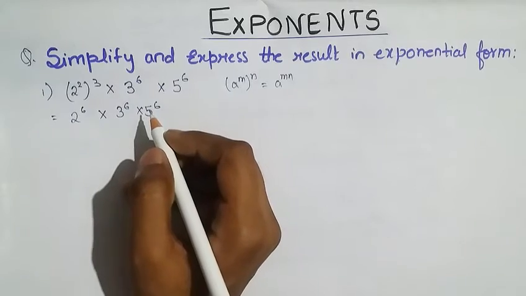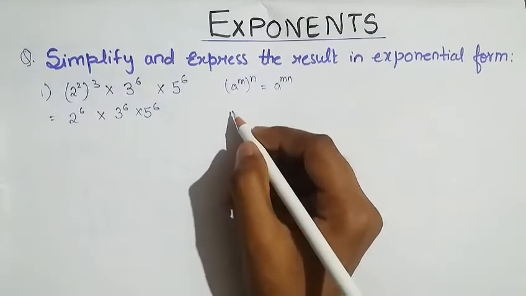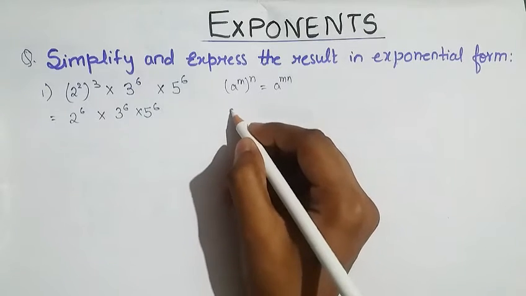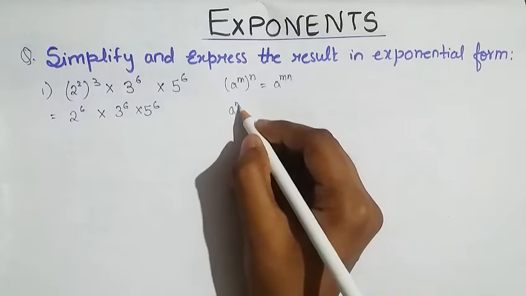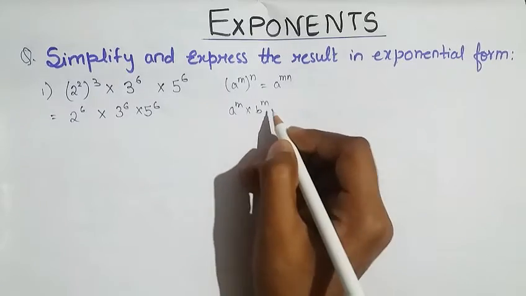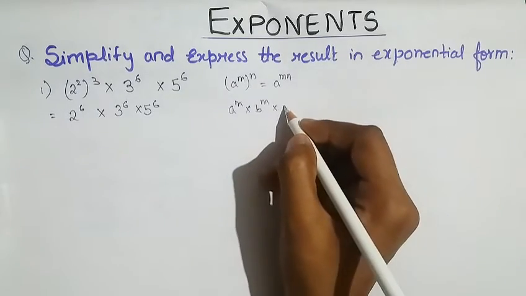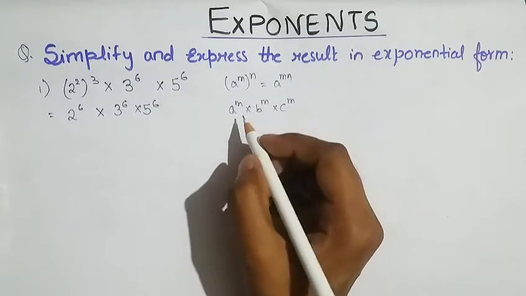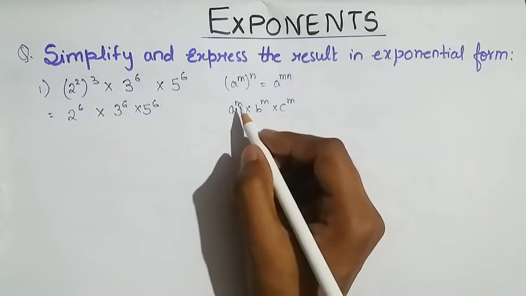Now I hope you remember the second case rule, which was if we have two different numbers with the same power, for example a to the power m into b to the power m, and we have three numbers over. Similarly, if we have another number c raised to the power m, what we will do is we will simply multiply all the numbers and give the power.